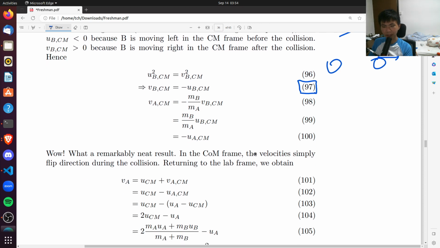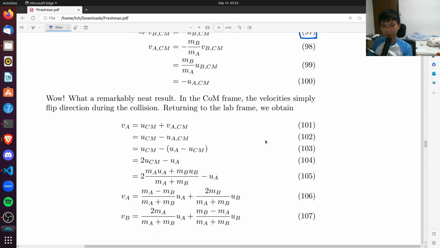Now if we go back into our lab frame, the velocity of A in the lab frame is equal to the velocity of the center of momentum frame, plus the velocity that the center of momentum frame observes A to be.